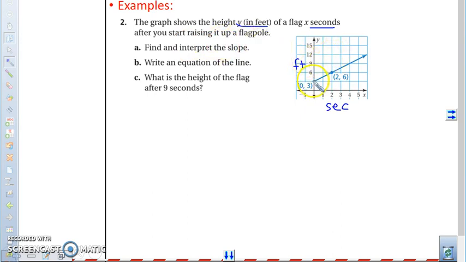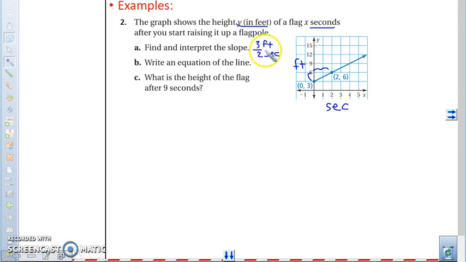So they go from 3 to 6, so this is rise 3, run, these are going by 1s, so 1, 2. Rise 3, run 2. Okay, so what does that mean? That 3 feet for every 2 seconds is how much the flagpole rises.